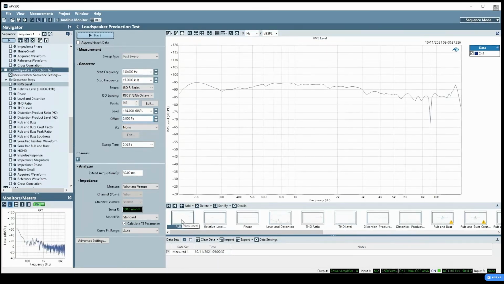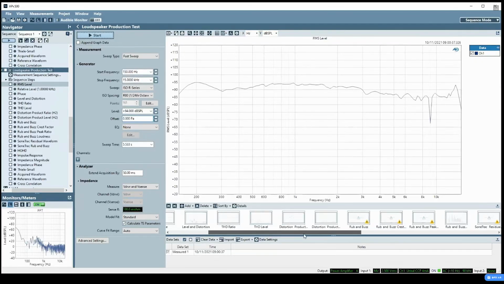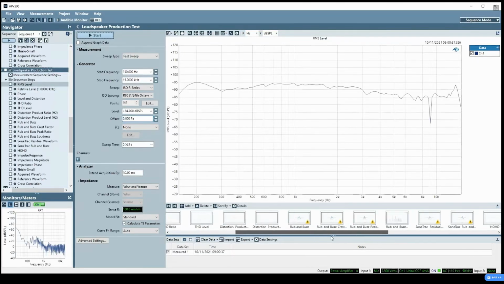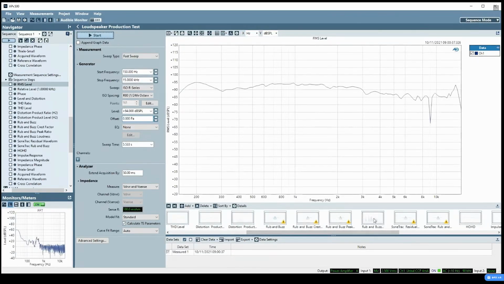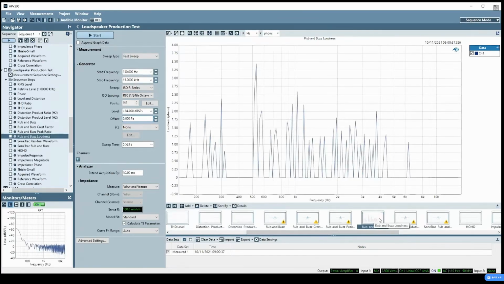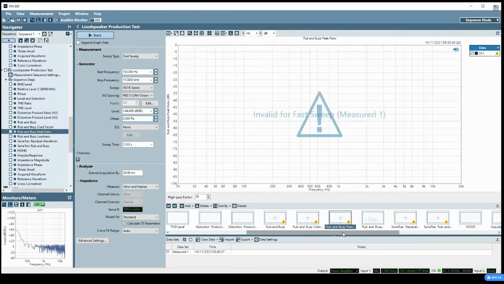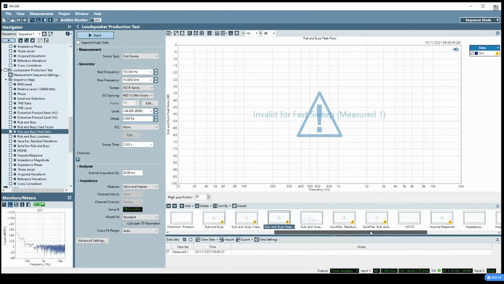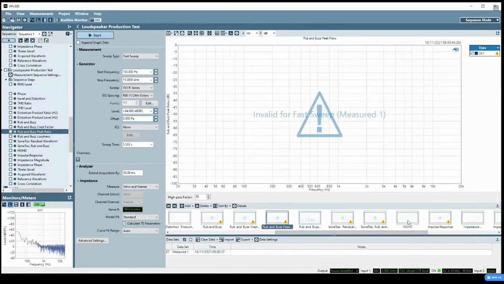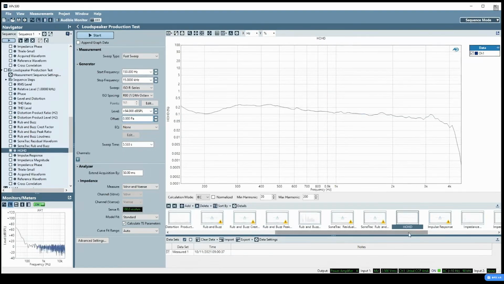But here, loudspeaker production test again, same results, but with the fast sweep, we get rub and buzz loudness. We don't get our rub and buzz peak ratio and crest factor. And we do get our high order harmonic distortion.